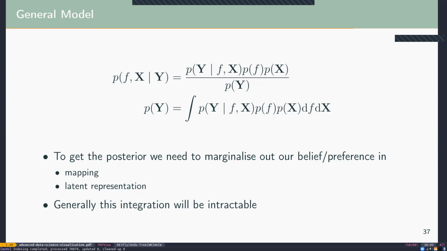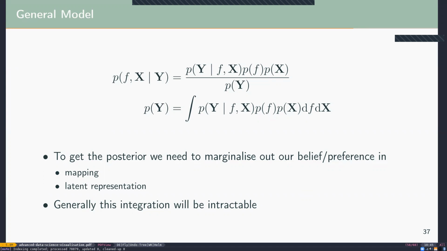So you have a notion of this. Can we take those kinds of beliefs and put them into a model so that we can learn a visualization from it? To do that, we would have the generative model, P of y given f comma x, saying that if I know how you traveled here, f, and where you started, x, then I could generate the data.